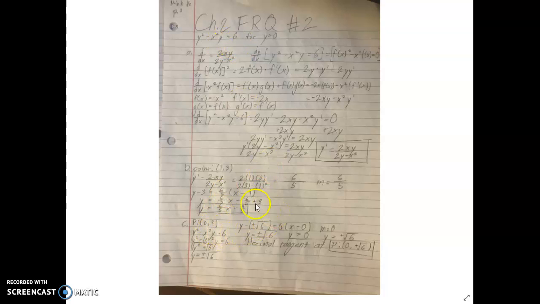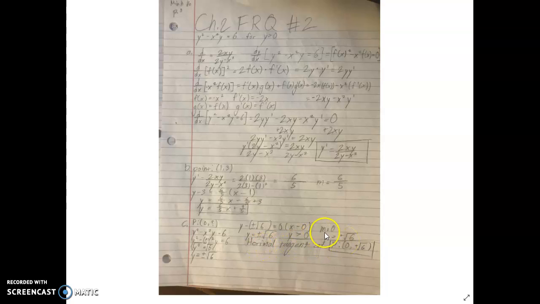So we plug in 0 for x, and from that we're able to evaluate that y is equal to positive or negative square root of 6. And since we know y is greater than 0, y must be positive square root of 6, because as we've been given before, y is greater than 0. So we can't take the negative version of square root of 6.